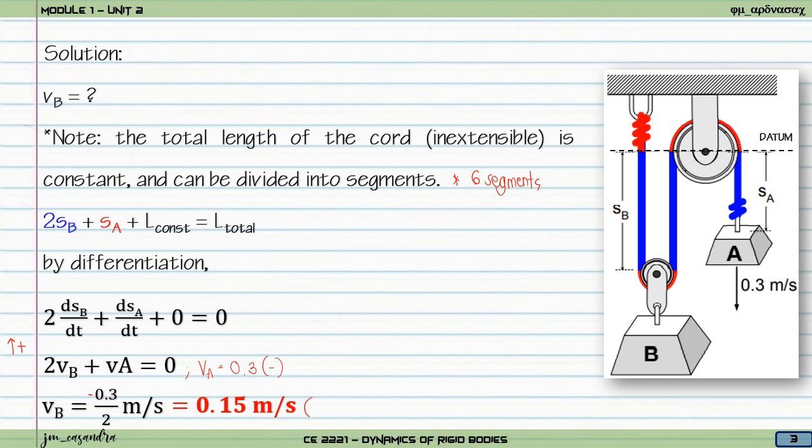It is a positive value. Therefore, VB really is moving upwards.